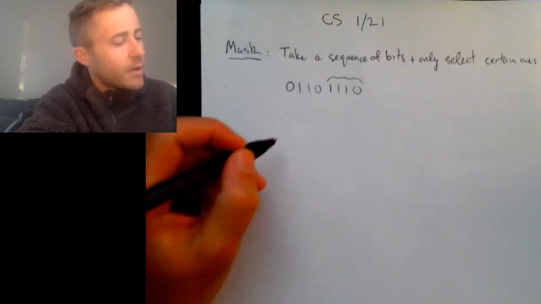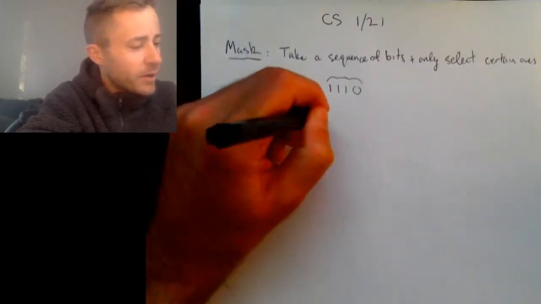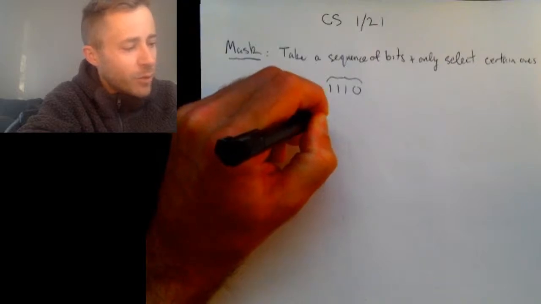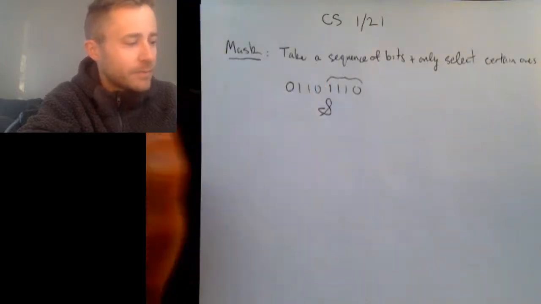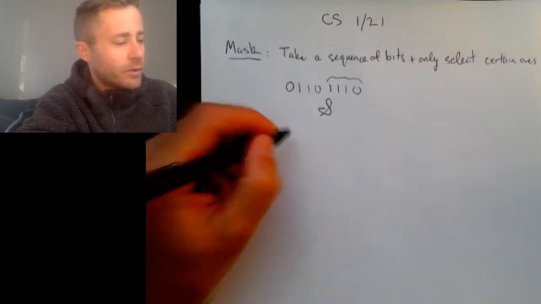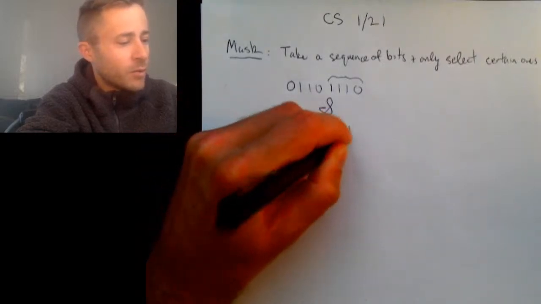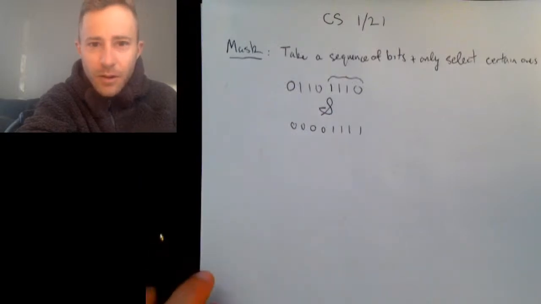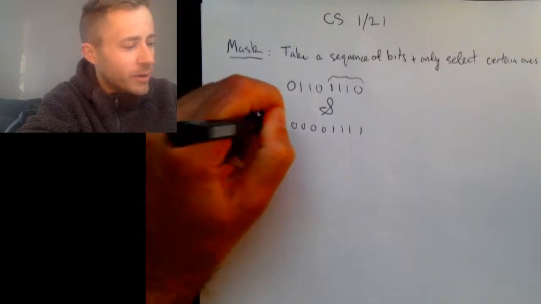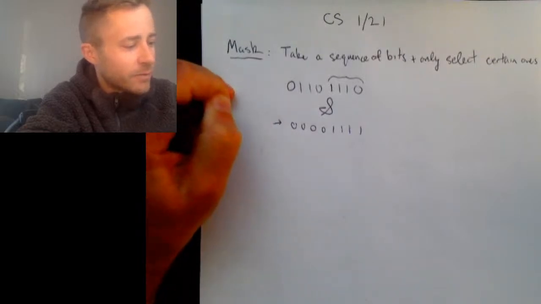Then what I could do is I could bitwise AND with 0, 0, 0, 0, 1, 1, 1, 1. In this case, this would be the mask.